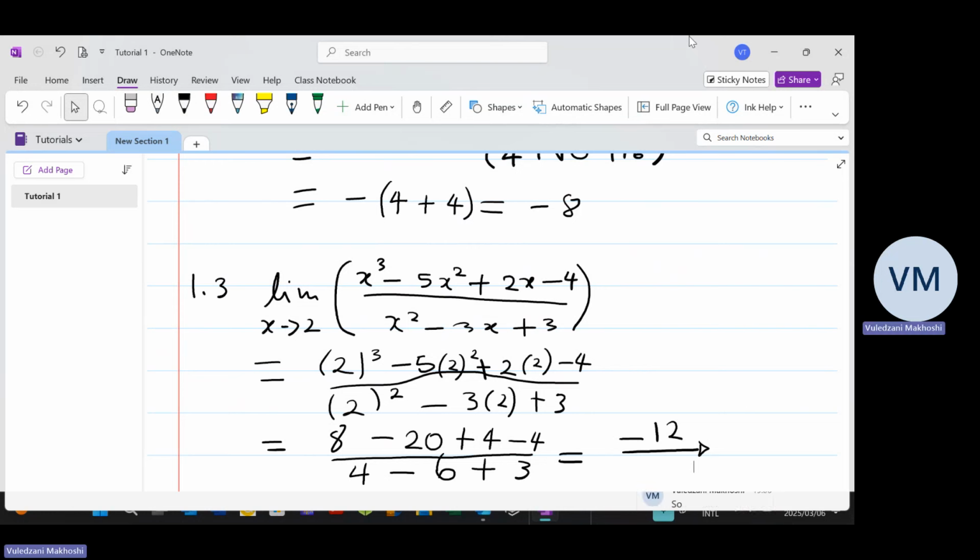So the thing is, before we do any substitution, we check whether the A is in the domain of our function.